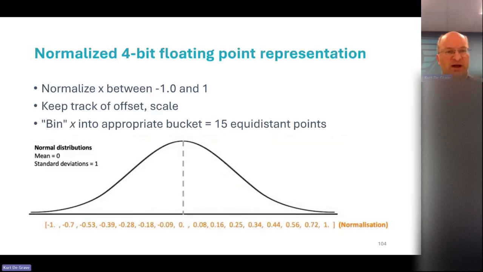There is such a thing as normalized 4-bit floating point representation, or NF4, where the distribution of your weights is normalized, and then the location in this normalized distribution is stored as a 4-bit number or lower bit number in the weight vector.